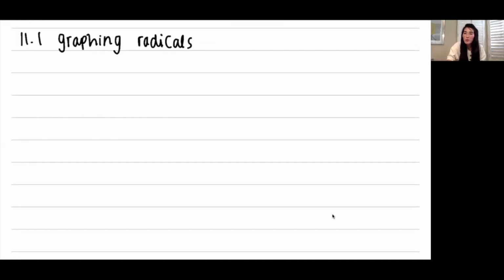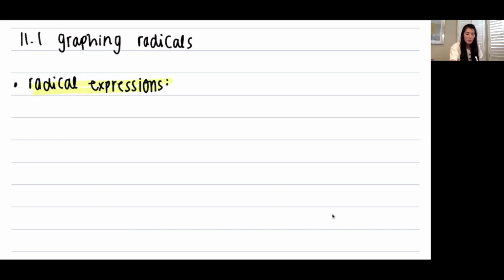All right, and so radicals might be a new word to some of you guys. So I'm going to go ahead and write that down as some vocab. So radical expressions. They're going to be expressions or problems that actually contain a square root in them. And so we've seen a lot of square roots, especially when we're solving our quadratics, be it with that square root method or completing the square.